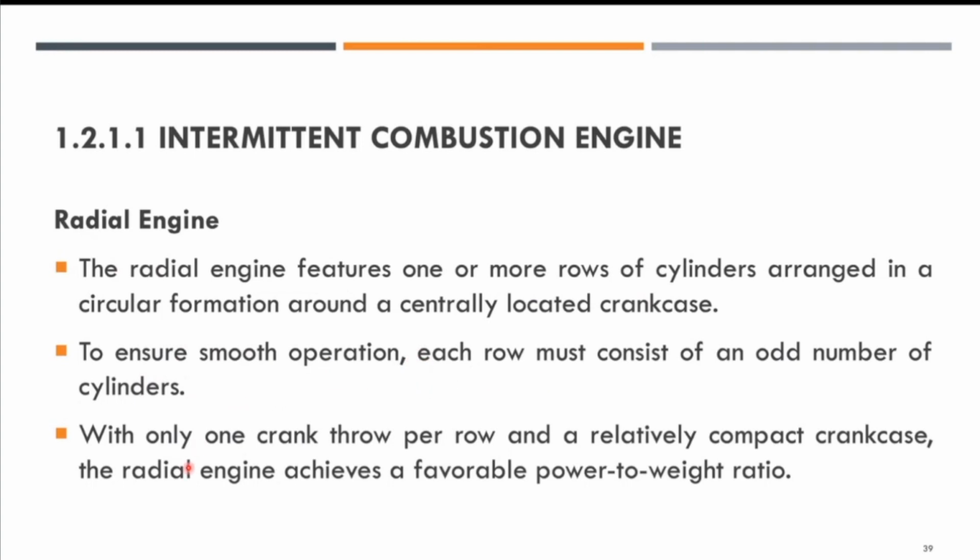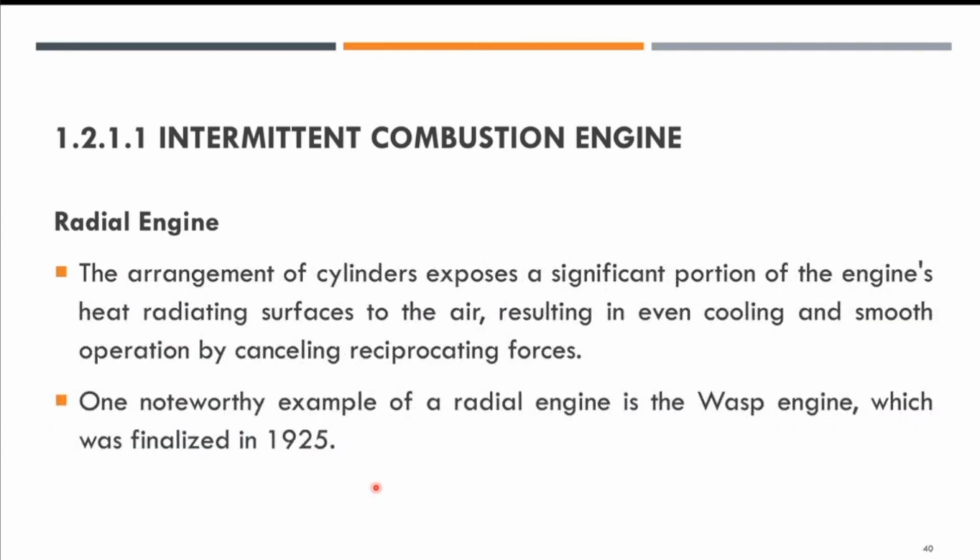With only one crank throw per row and a relatively compact crankcase, the radial engine achieves a favorable power to weight ratio. Normally the arrangement of cylinders exposes a significant portion of the engine's heat radiating surface to air, resulting in even cooling and smooth operation by cancelling reciprocating forces.